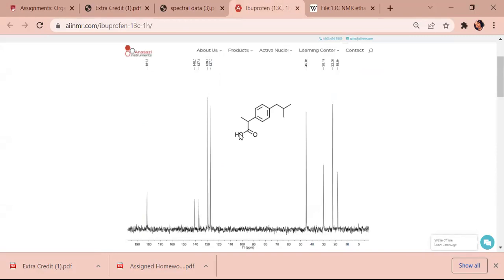So this one would be like O and then a CH3 or something. So we know for sure that this is a carboxylic acid, and this carbon is really signifying that. So that's likely coming from this guy.